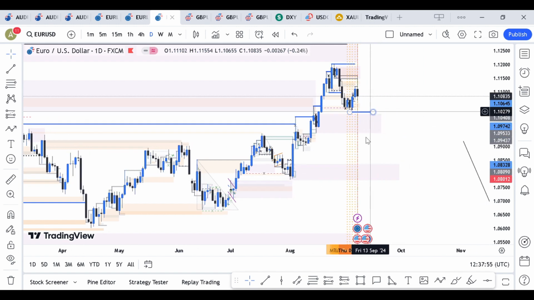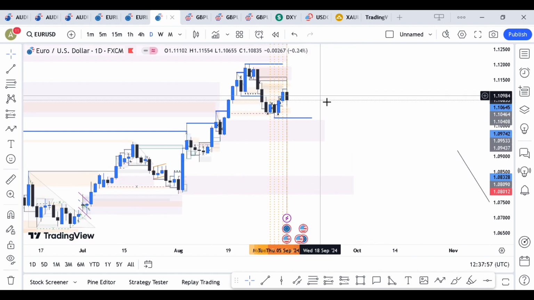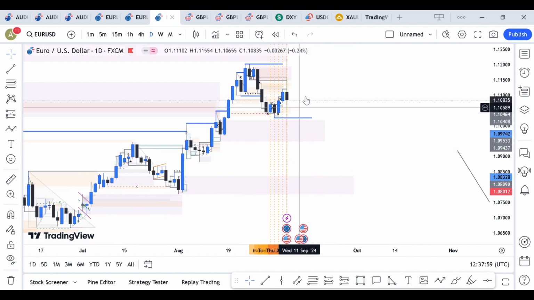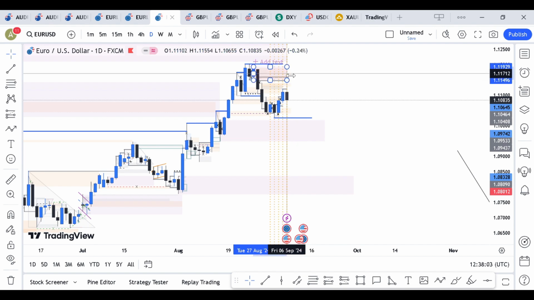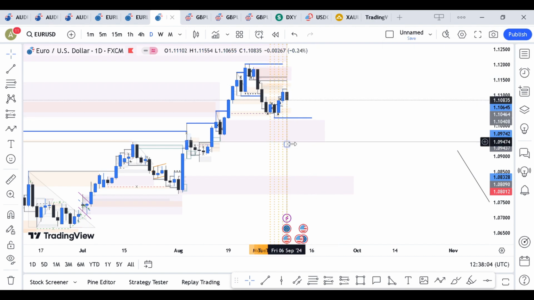So even when the NFP played out yesterday, as you can see, price wicked that extreme right here above here, which was actually our daily flip zone, and yeah, price could be signaling to us that it wants to go lower.